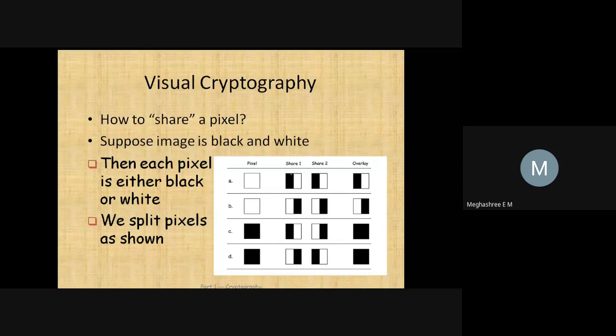When you overlay these two shares, you will obtain the final image. As I said, it is split and made into two shares. Consider that one share goes with Alice and the next share goes with Bob. When you put them together, you can see the actual image.